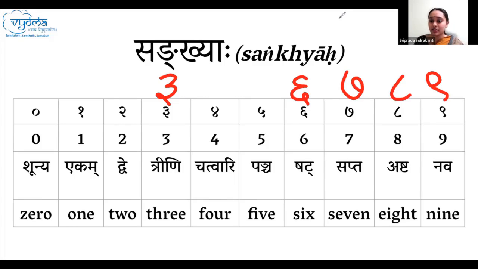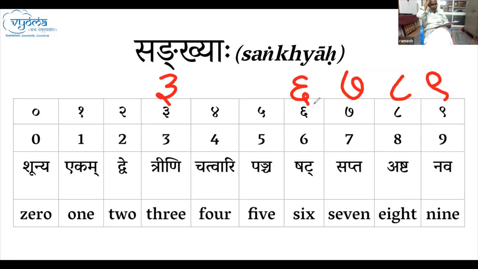Ramesh Mahaday, you may ask a question. The thing is, Vruddhaha, Yuddham, the Samyuktakshara writing type is a bit confusing or illogical, I think. The second Vyanjana is coming first.